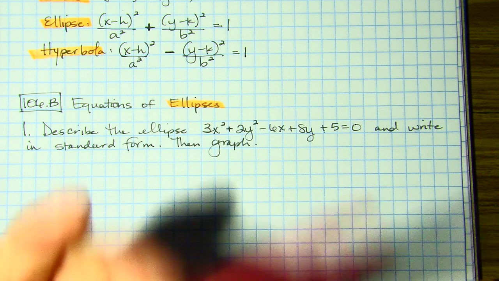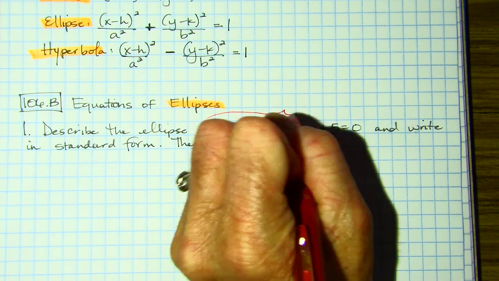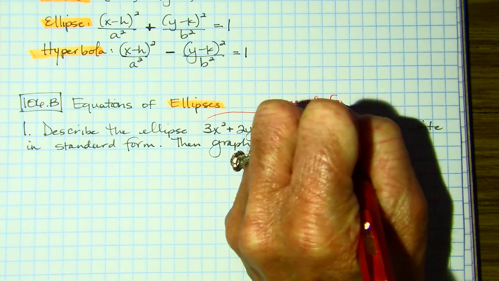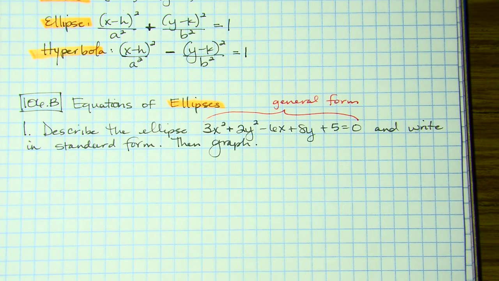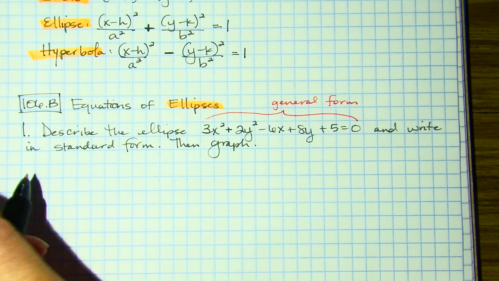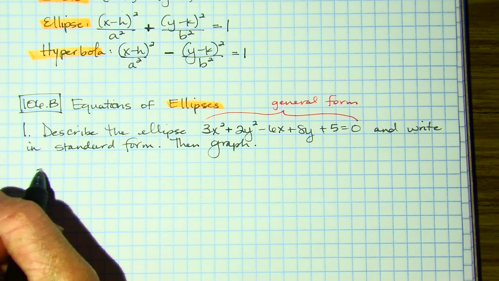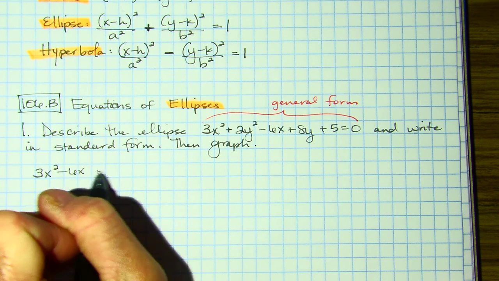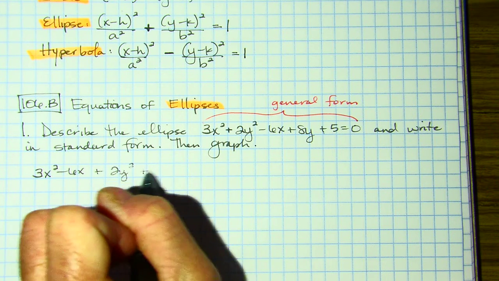So first let's cover that this right here is general form. And in order to get it in standard form, I have to complete the square and all of that. So that's the first thing we're going to do, is I'm going to organize my terms. So 3x squared minus 6x plus 2y squared plus 8y.